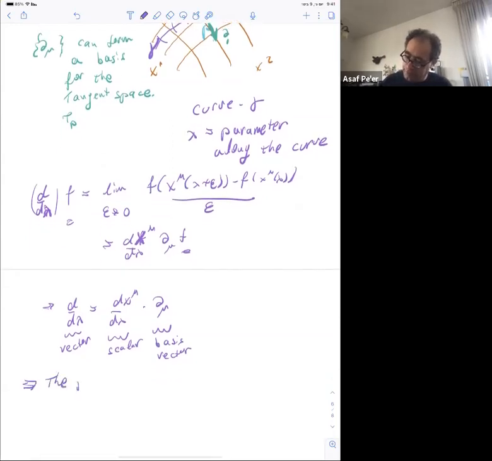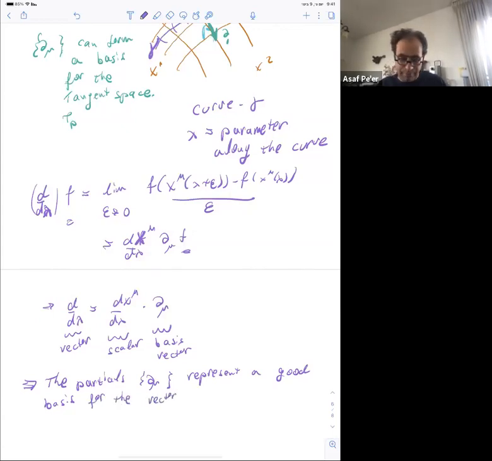The partials d mu would represent a good basis for the vector space of directional derivatives.